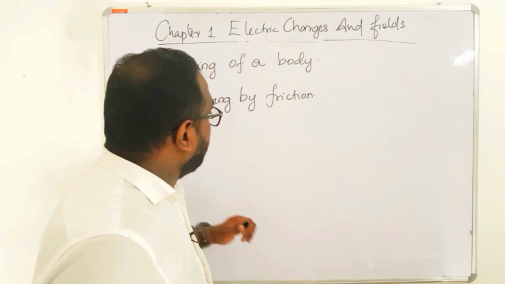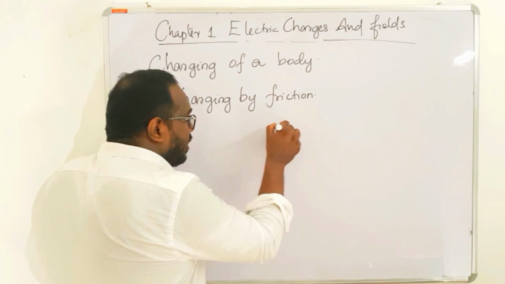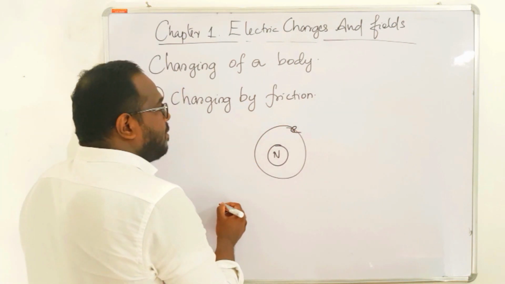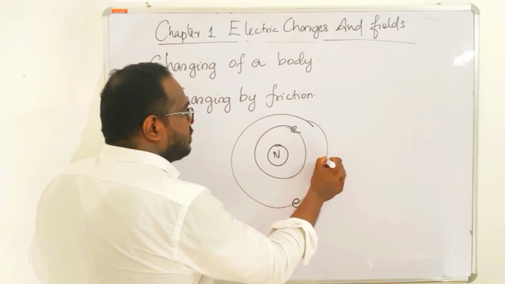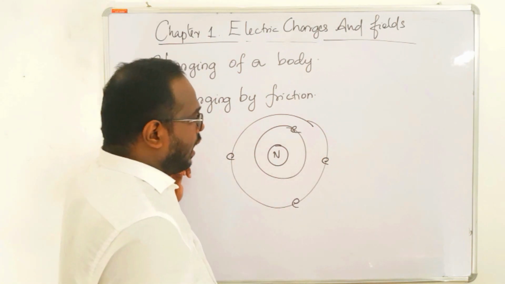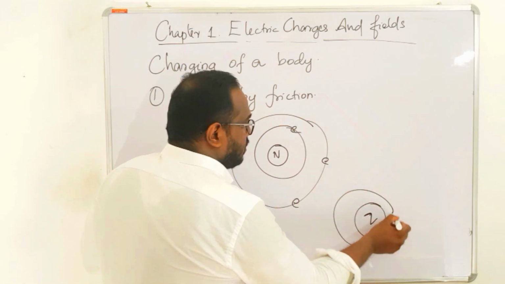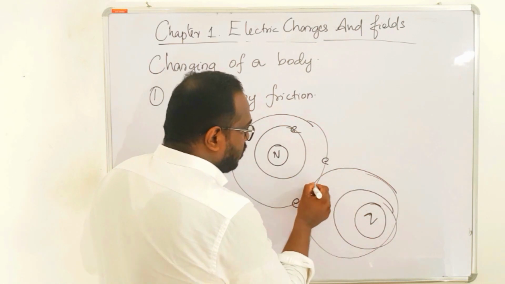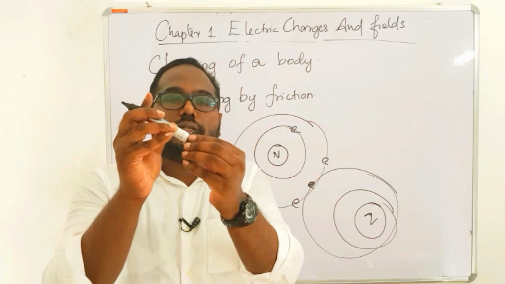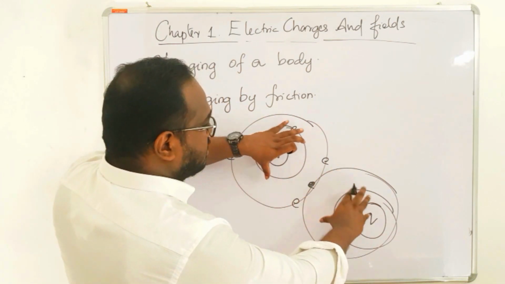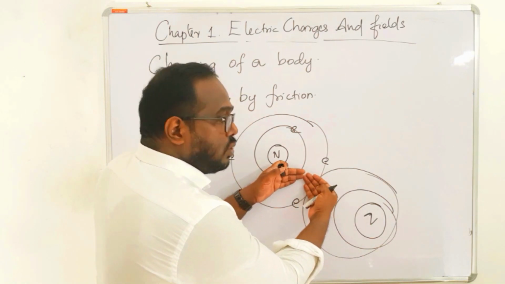You know the nucleus has electrons revolving around it. Suppose this is one material, and another material has its nucleus here with an electron. When two materials are in contact, the atoms can come close to each other, and if they are just closing in, there is no problem.